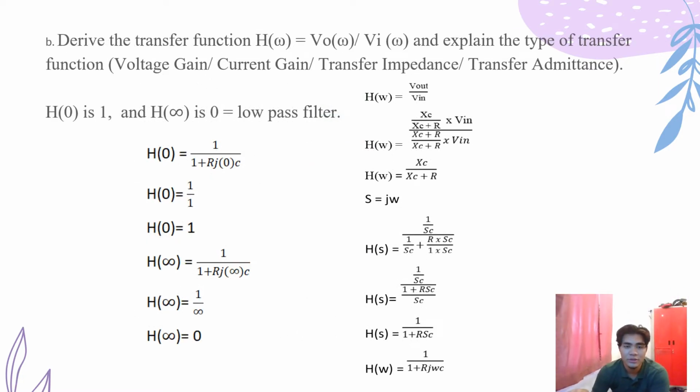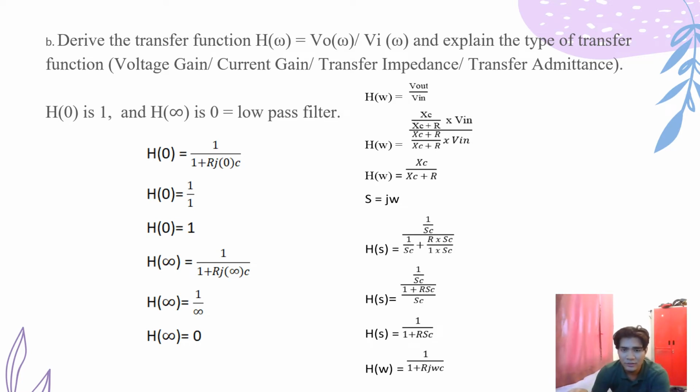Question B of the procedure: derive the transfer function H(omega) equals Vo(omega) over Vi(omega) and explain the type of transfer function. So we know that H(omega) is equal to Vout over Vin.